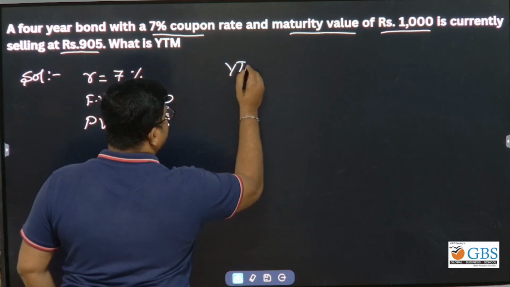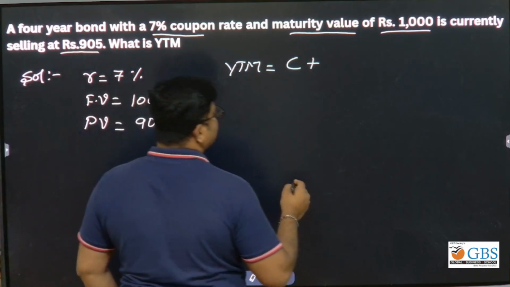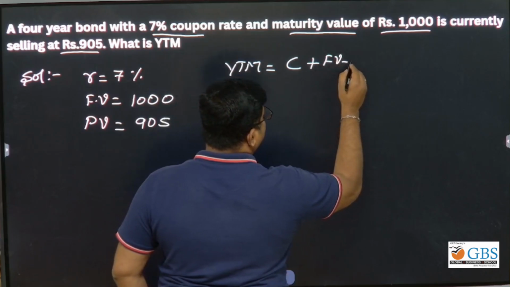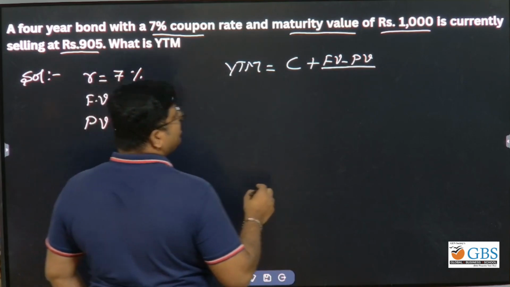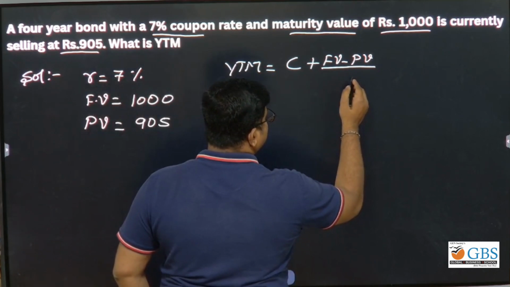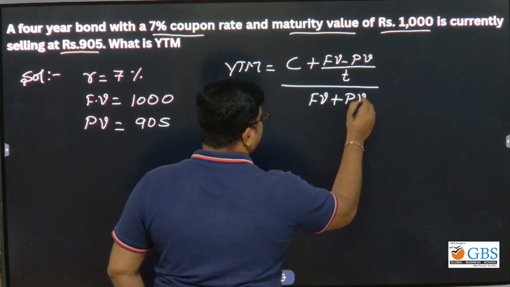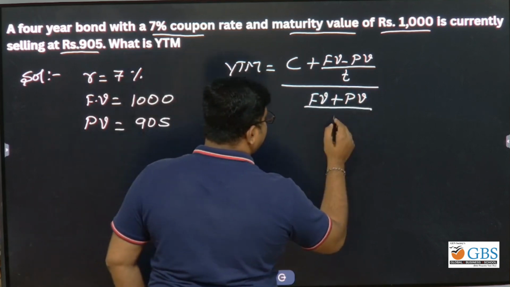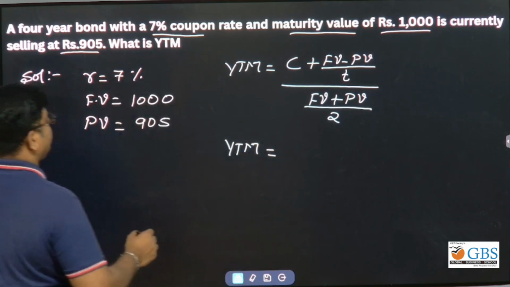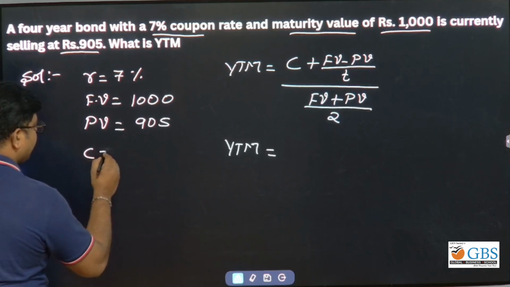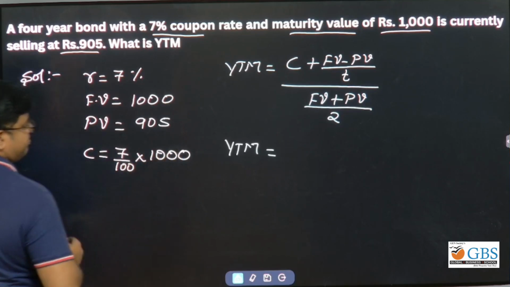And we need to write down the formula. YTM is equal to C plus (face value minus present value divided by T) whole divided by (FV plus PV) divided by 2. So how to find C? 7 divided by 100 into face value, 70 rupees.